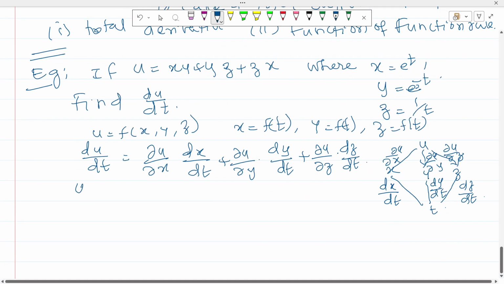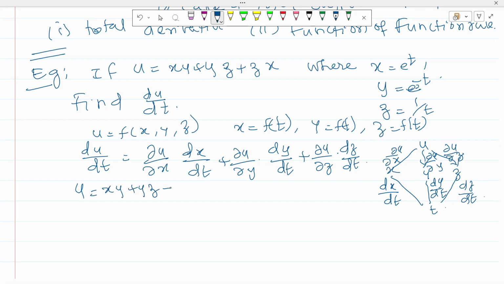What is u here? u is xy plus yz plus zx.